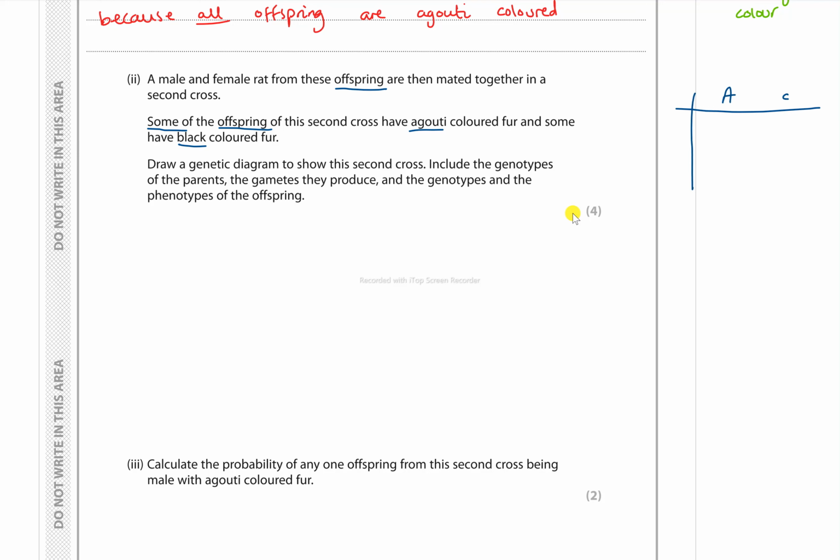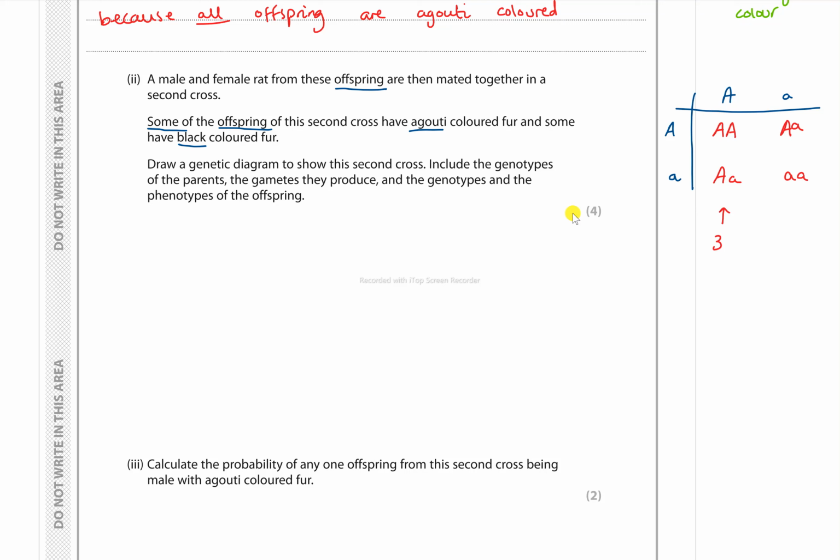A, a, A, a. So with this cross, you've got AA. Oh, whoa, whoa, whoa. Too keen. Capital A, agouti, agouti, agouti, black, agouti, black, black, and black.